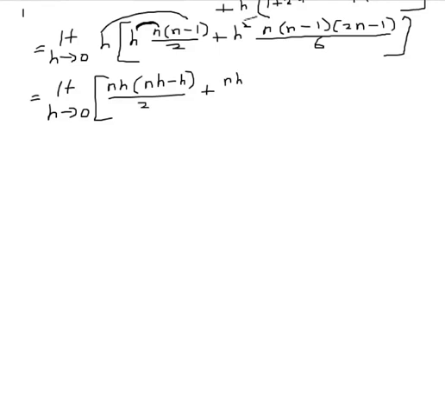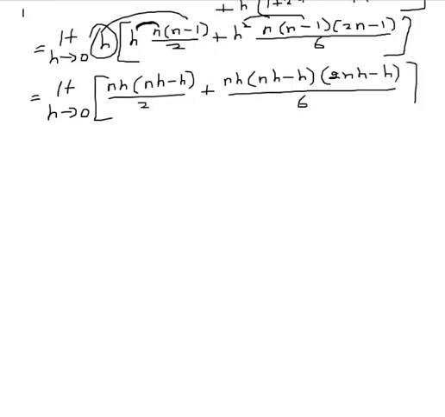nh, the other h, let us multiply the second bracket, and this h let us multiply with the third bracket, 2nh minus h divided by 6. nh is a constant which is 3.